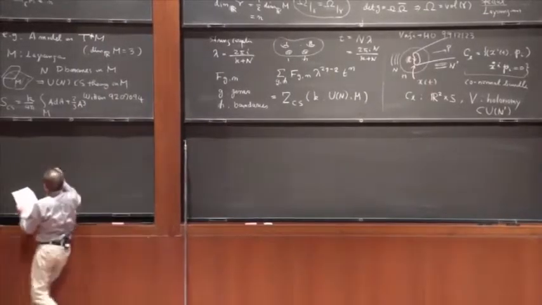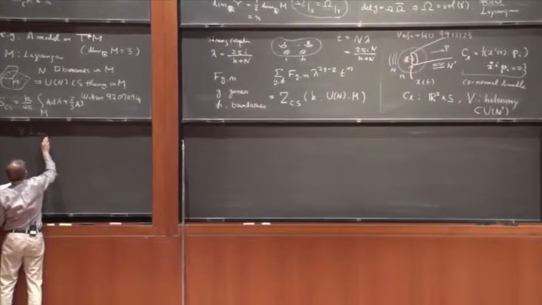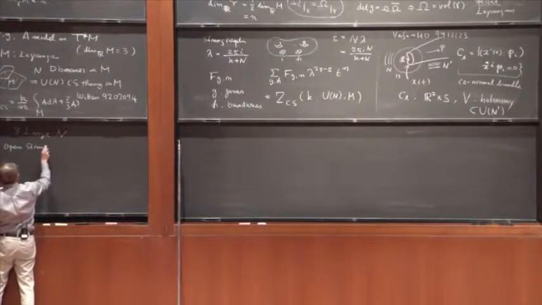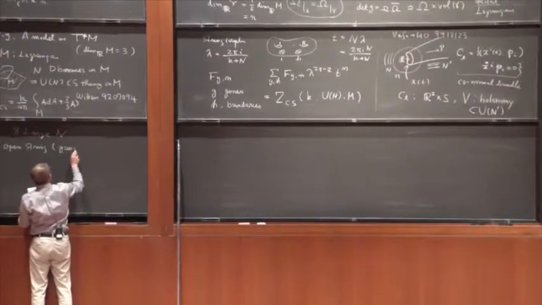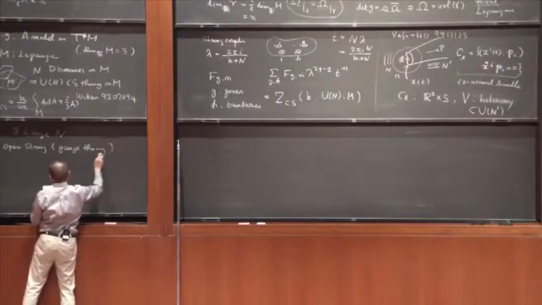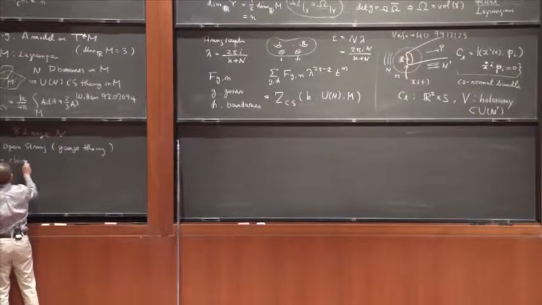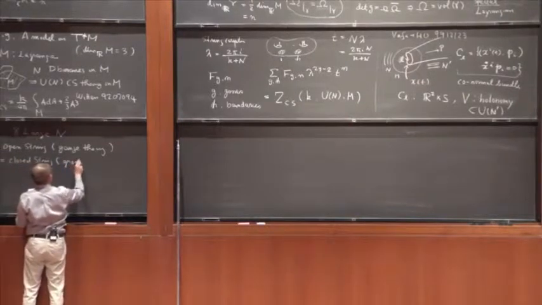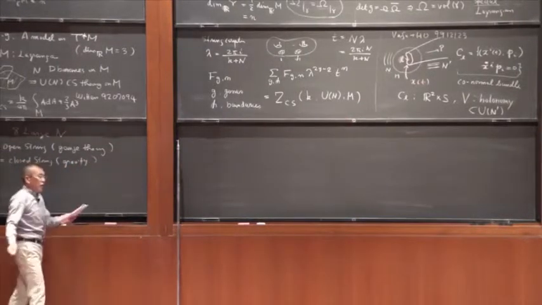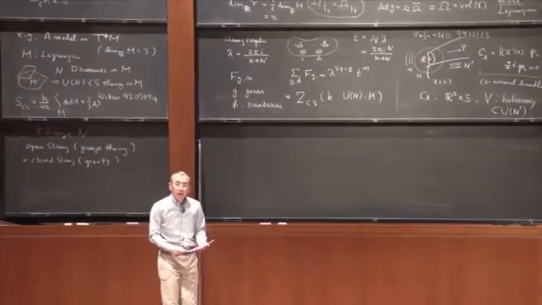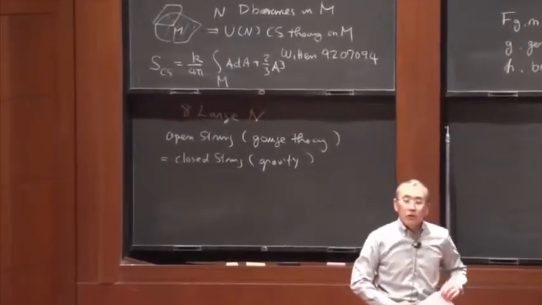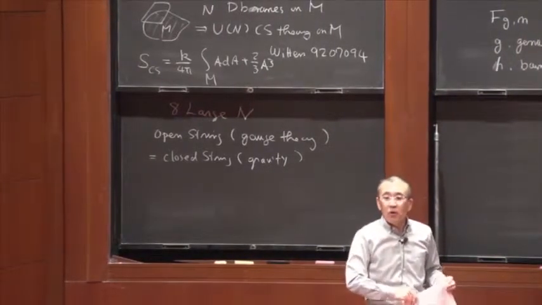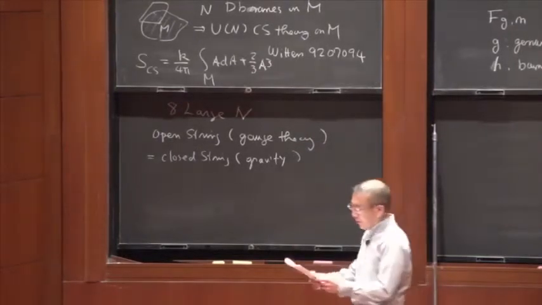So you can have open string, which is typically related to gauge theory, to closed string, which is typically related to gravity theory. So ADS-CFT correspondence is an example, but we can actually have a topological string version of large N duality, which we can actually discuss in much more detail the string theory aspect of it.